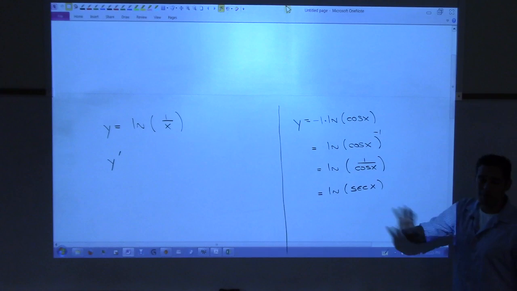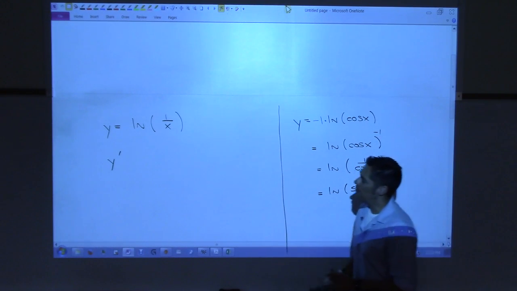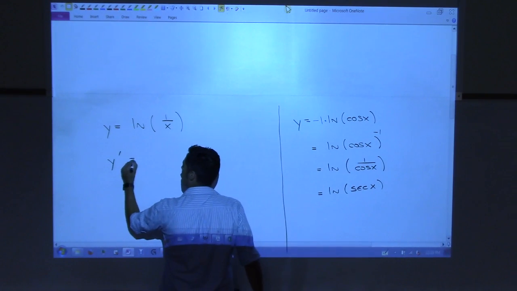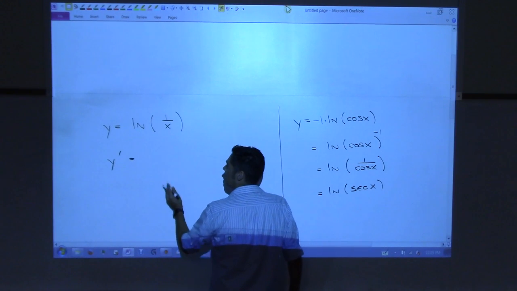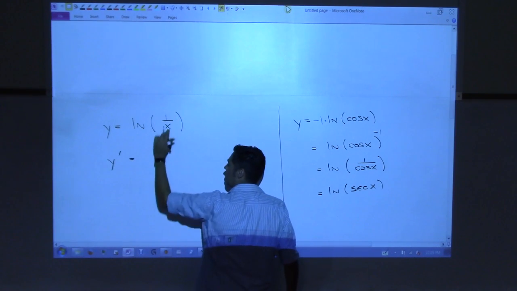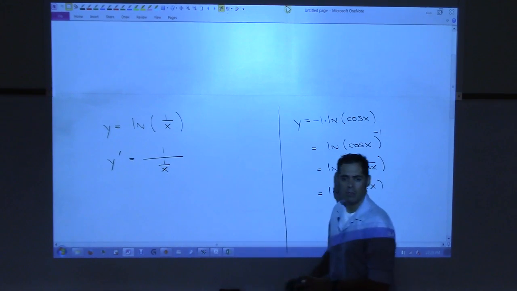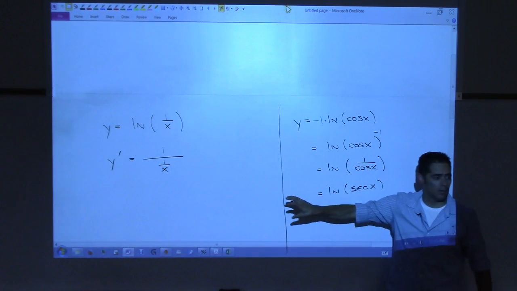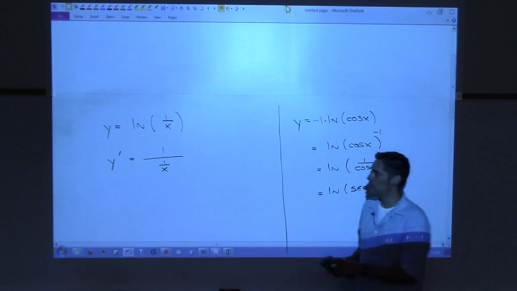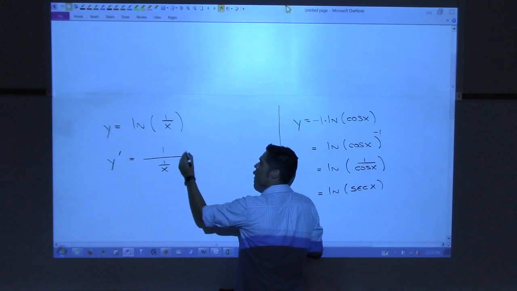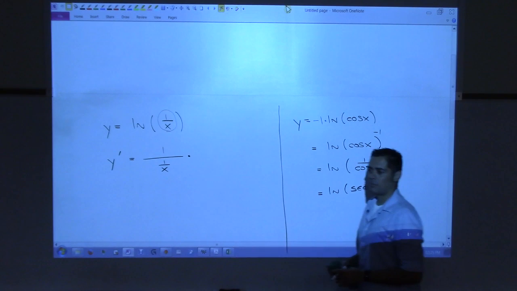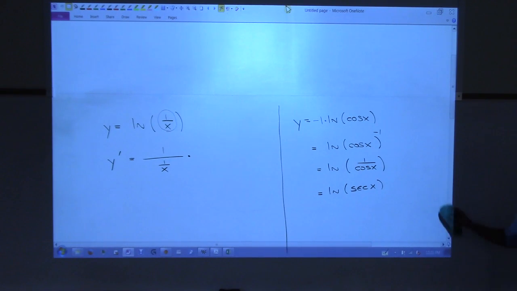Now, let's try and do it without doing that first, okay? If I took the derivative of this, the derivative of natural log of u is 1 over u, right? It's 1 over whatever was in there, times the derivative of what's in here. So what is the derivative of 1 over x?